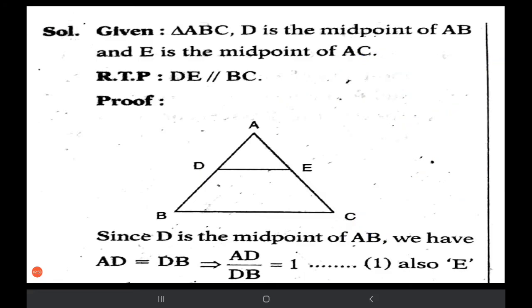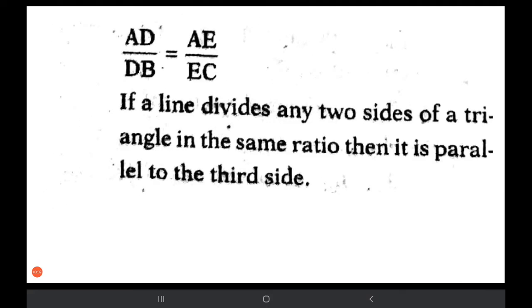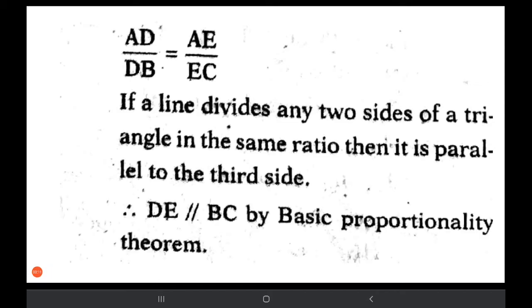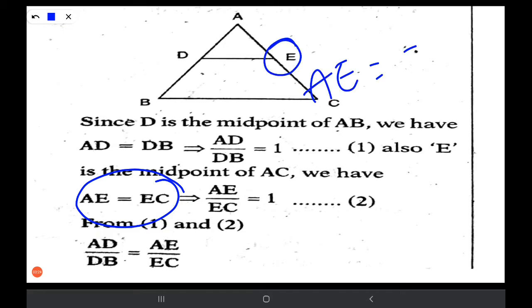Also E is the midpoint of AC. So for that we have AE equals EC. If E is the midpoint, we can write AE equals EC.